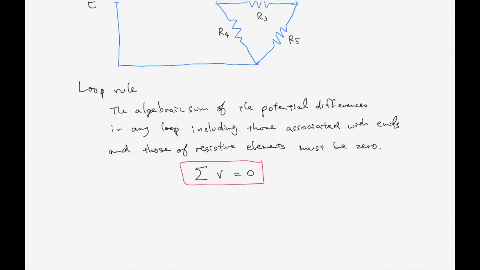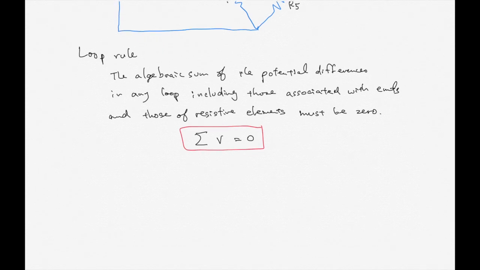First of all, we'd like to determine the direction of the loop. If you consider this is the direction of the loop, then if you find this EMF, this becomes positive epsilon.